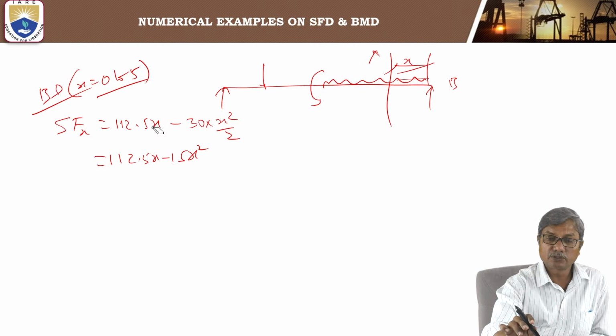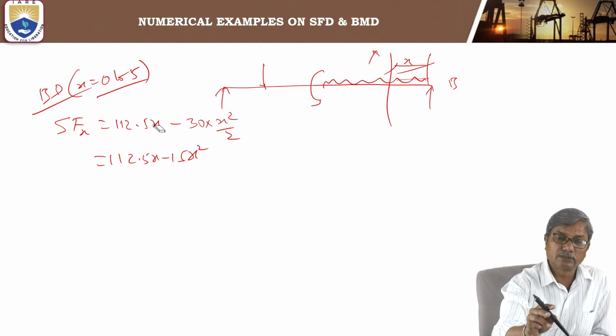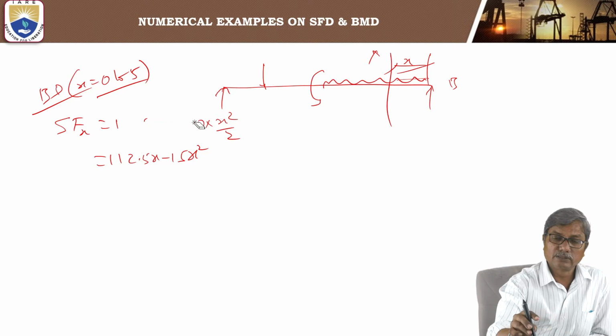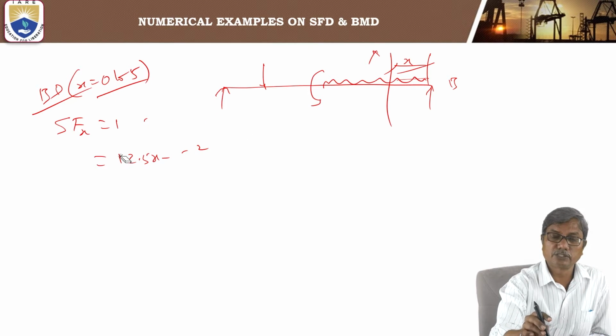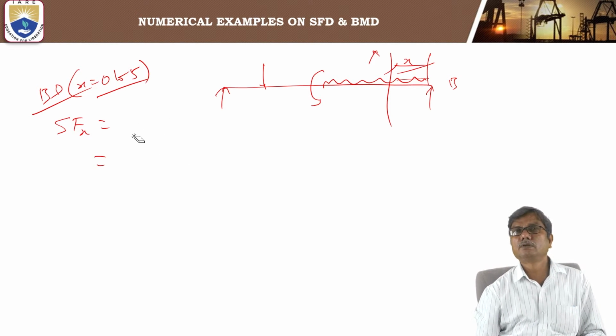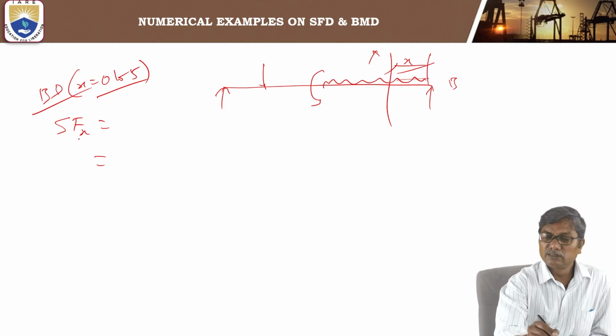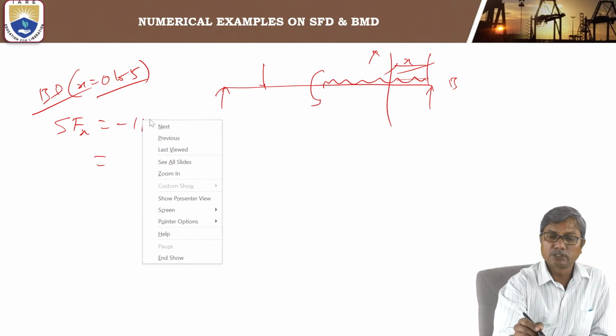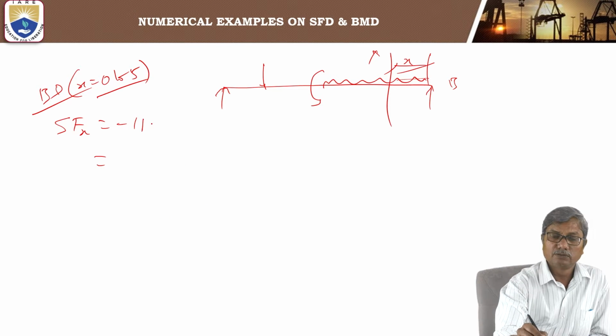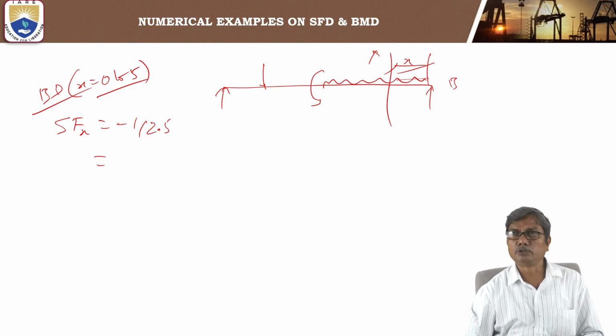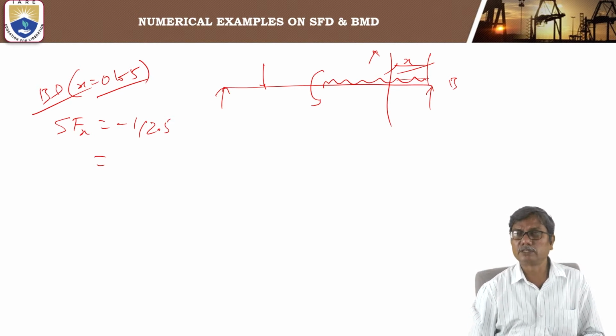Coming to shear force, we have a reaction of 112.5 acting upwards. Right side upwards is negative.